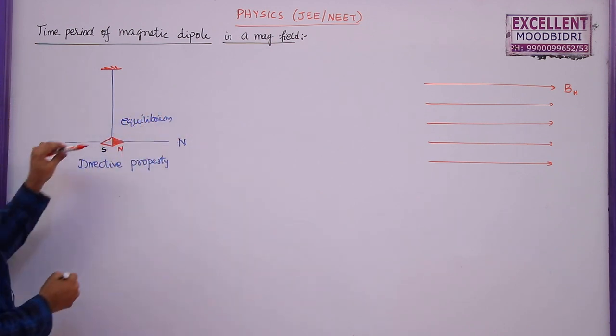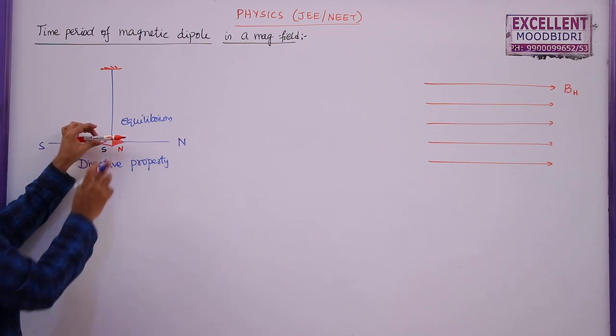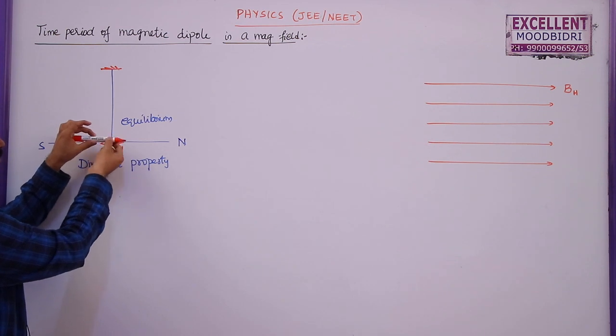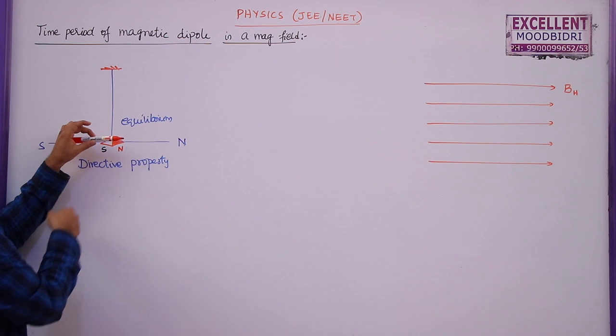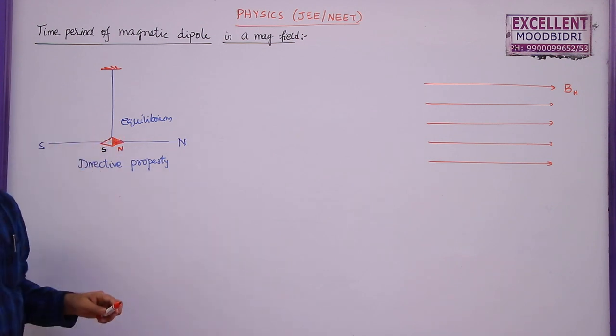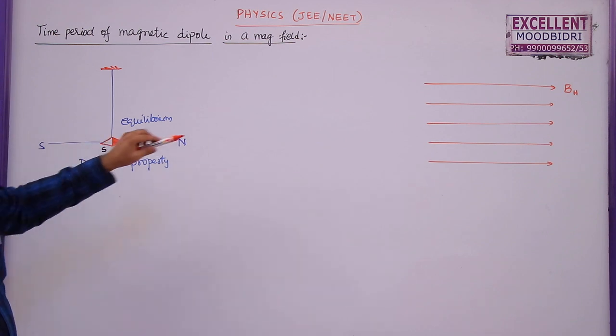When it is in equilibrium, if you displace it through a small angle, it will oscillate for some time and finally come to rest once again in the north-south direction. So whenever a bar magnet under equilibrium is displaced by an angle theta, it will oscillate. I am going to show the same diagram here.